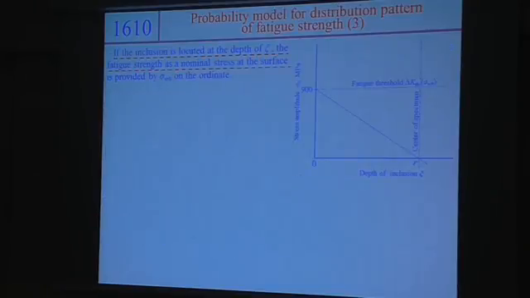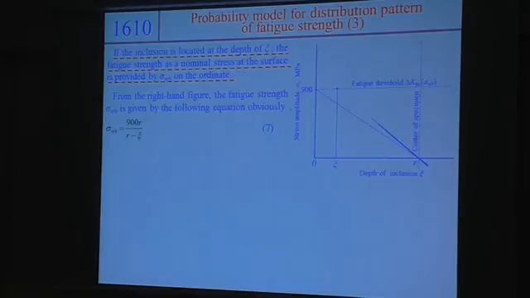If the inclusion is located at the depth of xi, the fatigue strength as the nominal stress at the surface is provided by sigma W9 on the ordinate. From the right-hand figure, the fatigue strength sigma W9 is given by the following equation obviously. This expression is equation 7, relating xi and sigma W9.